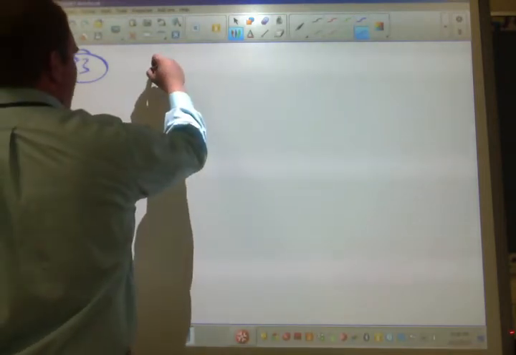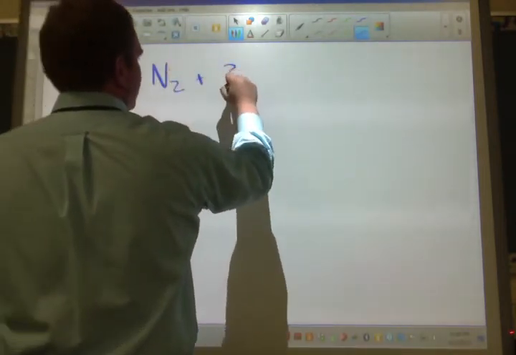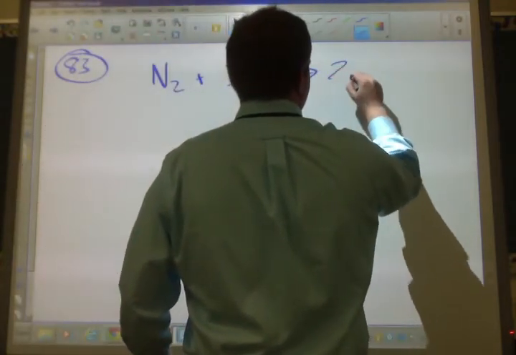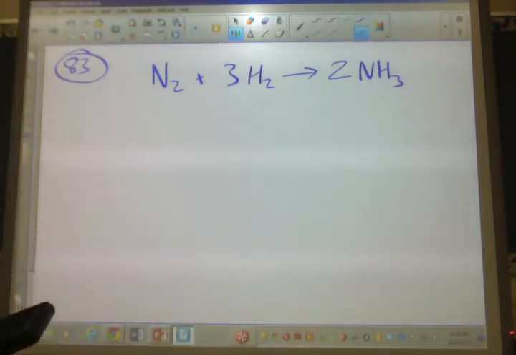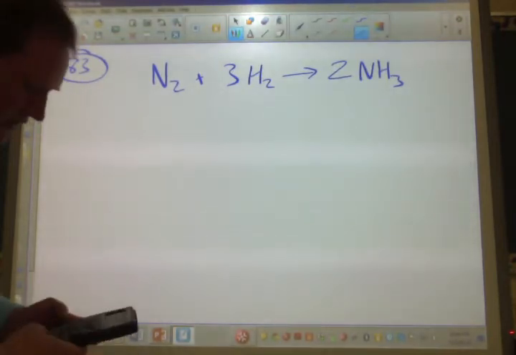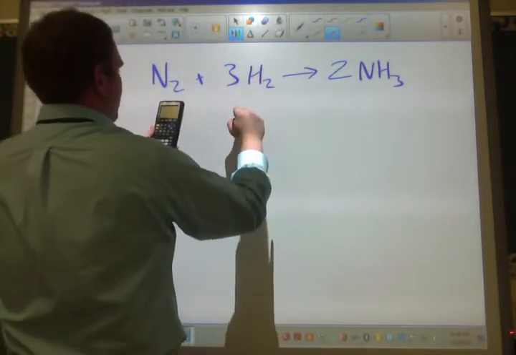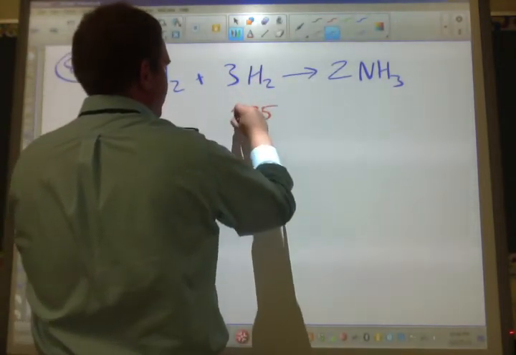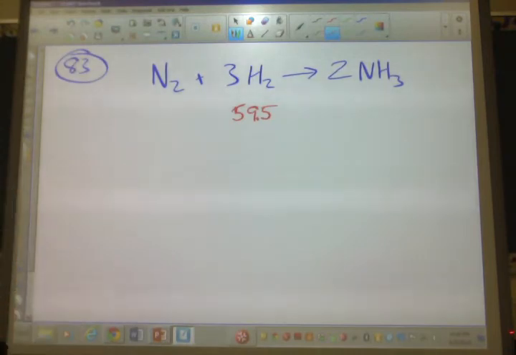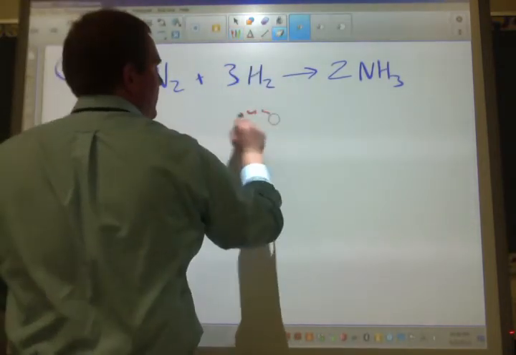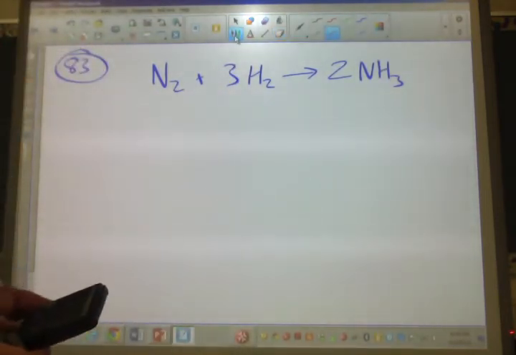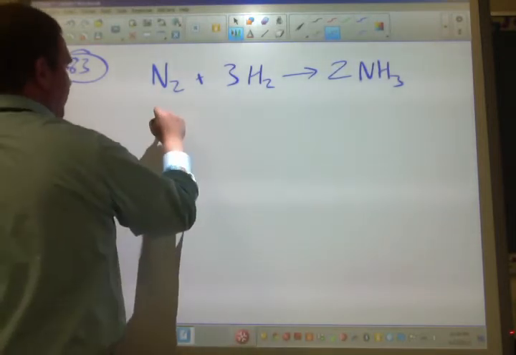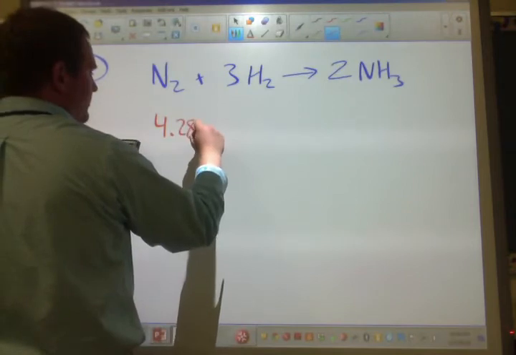So I have N2 plus 3H2 yields 2NH3. We're given grams of each, so we need to convert both to moles. So 120 grams of nitrogen divided by 28.02 gives me 4.28 moles.